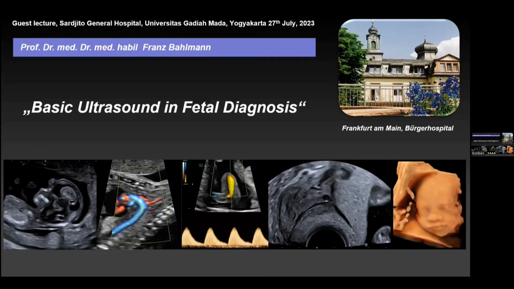On the other side, it's not only the fetus. We also look for maternal problems to avoid prematurity or bleeding, as in the case of placenta previa, accreta also in the front. And new things with 3D sonography. We can discuss later: toys for boys, or is it really helpful?